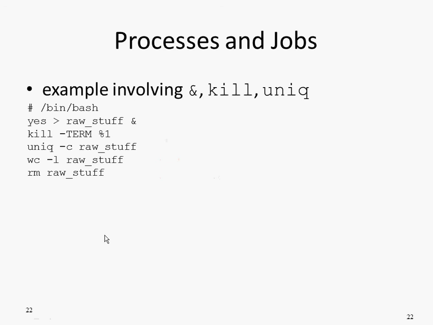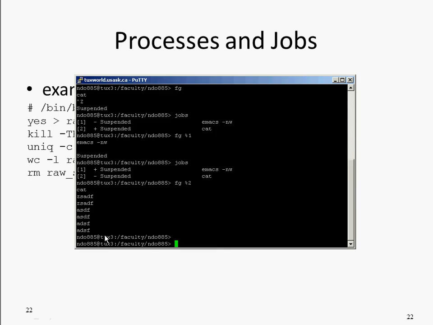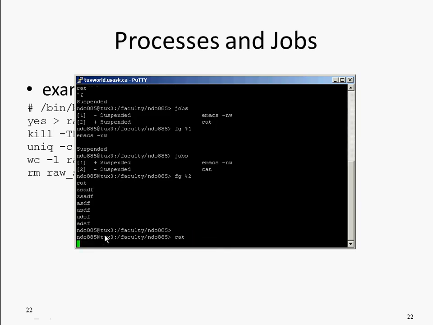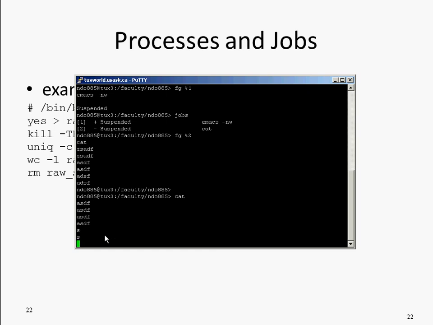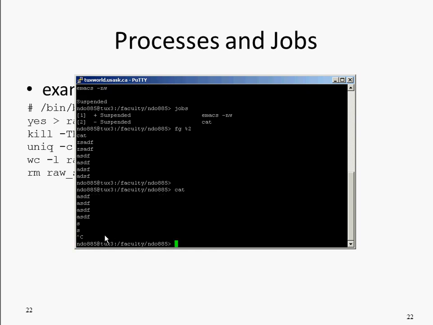So for certain things, if I have cat, for example, here, and I do Control C, that kills it. It sends a certain signal, maybe a SIGINT or a SIGKILL, I can't remember, that says back off, and it dies.